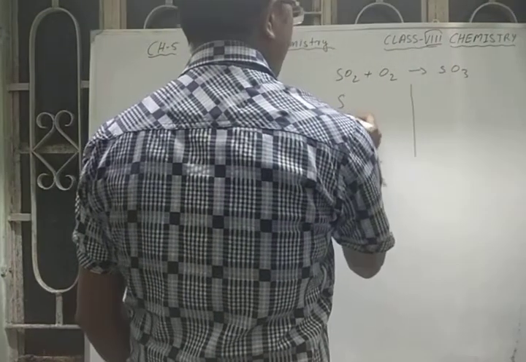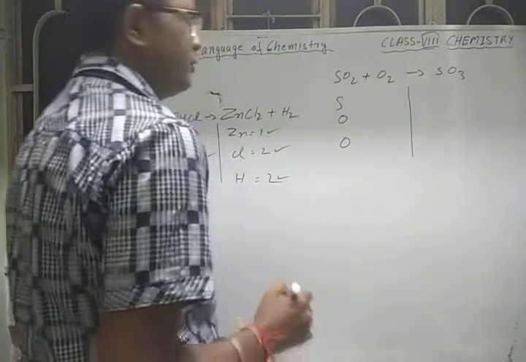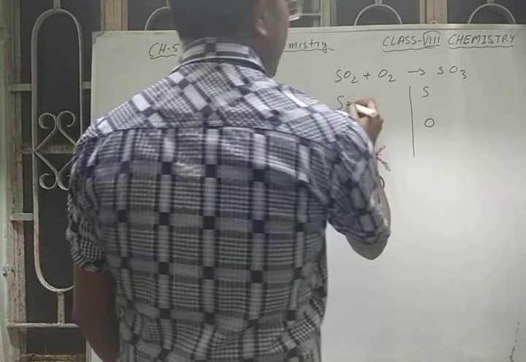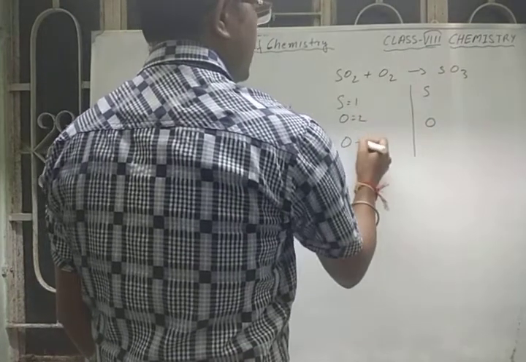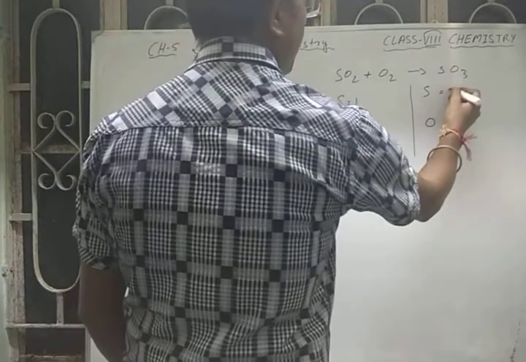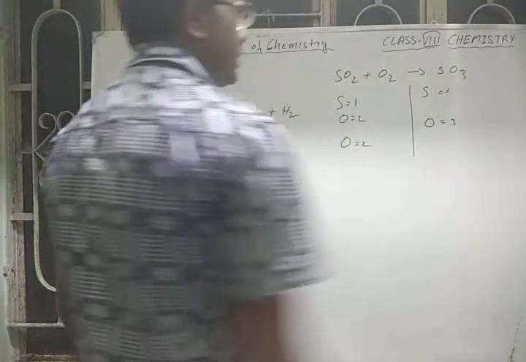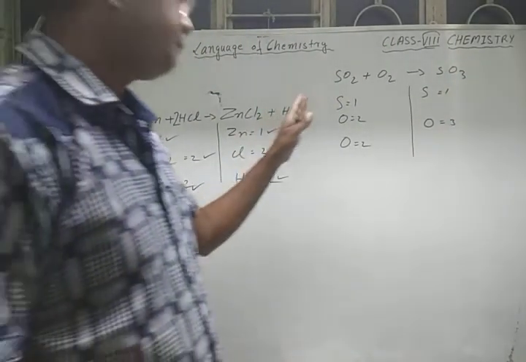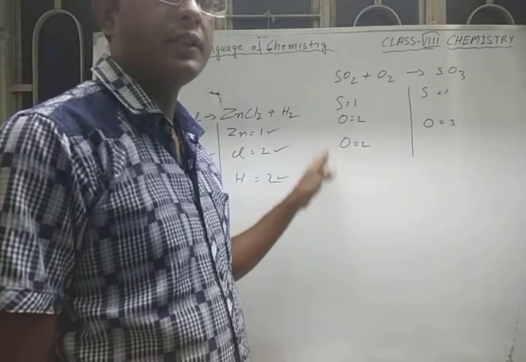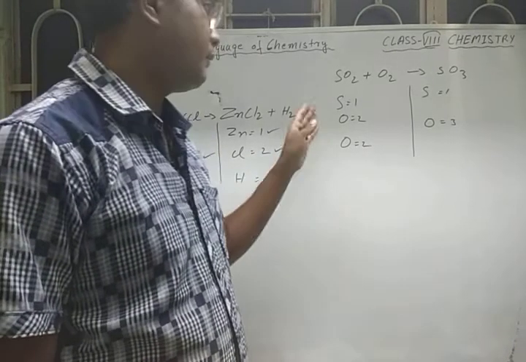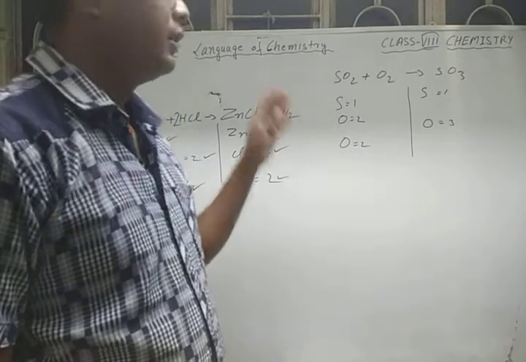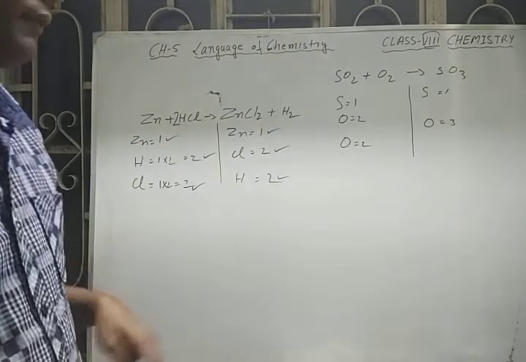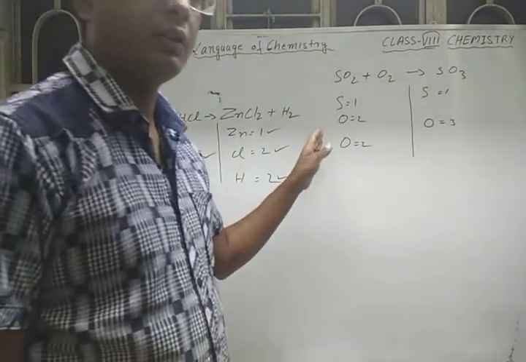Here sulfur is 1, oxygen is 2, here oxygen is 2, and on the product side sulfur is 1, oxygen is 3. That is very problematic. How will you do this? Again, out of sulfur and oxygen, according to serial order, the lower element is oxygen, which comes first, then sulfur. So we will start balancing the oxygen first.